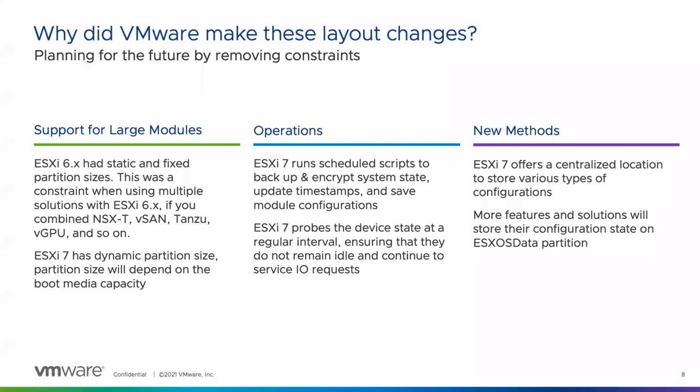This particular partition limits what can be installed on the ESXi host and what cannot. Now, as we have already discussed, with ESXi 7 and the dynamic partition, depending on your boot media size, your boot bank can scale up to 4 GB, which allows you to install more and more solutions on the ESXi host.